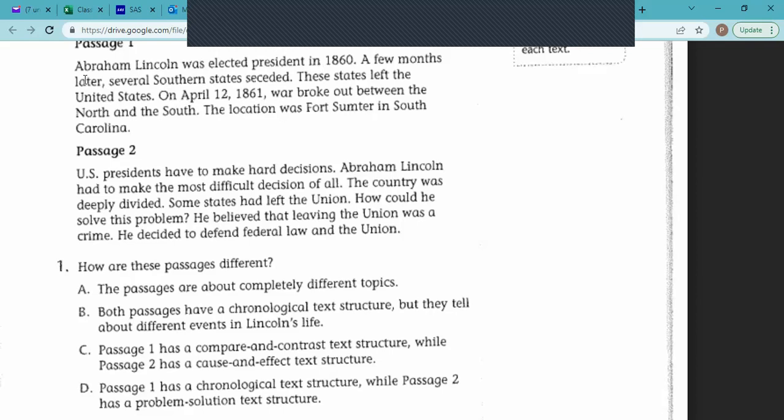So it may not say necessarily first, next, then, last, but it does give you an indication of time order. 1860, a few months later, this happened. And then on April 12th, 1861, war broke out. So that is all about chronological order. So D is your best choice.